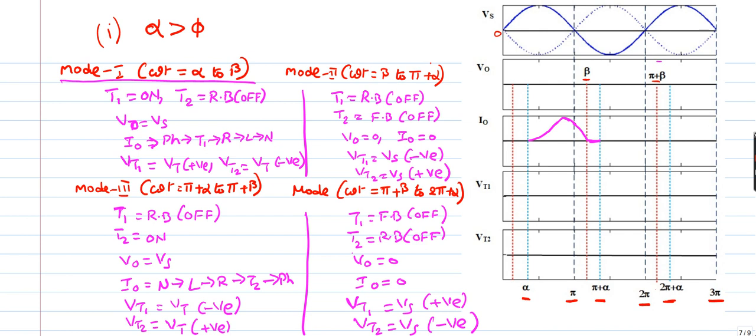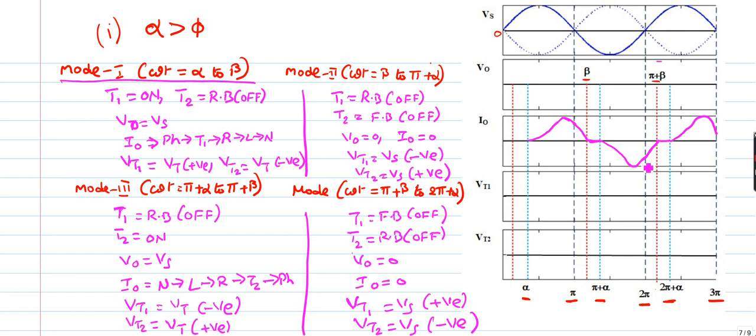Now pi plus alpha to pi plus beta, the current flows from neutral to phase, so I will draw the negative current, and this current becomes 0 at pi plus beta. Now again 2 pi to 2 pi plus alpha, the current is 0 and it goes to the right. So this is the current waveform.